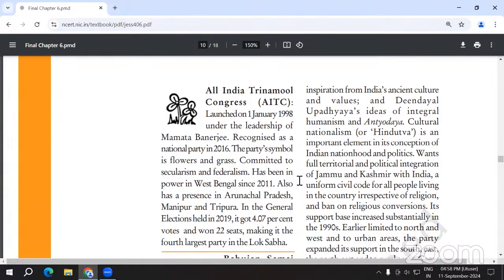Their customs are based on religious scriptures. So if a uniform civil code is introduced, that would be against their beliefs and practices. That is why they lost popularity. Uniform civil code, you understood? Next one is ban on religious conversions.